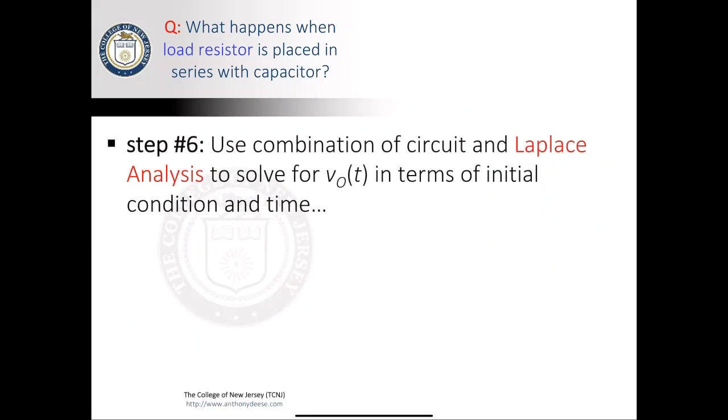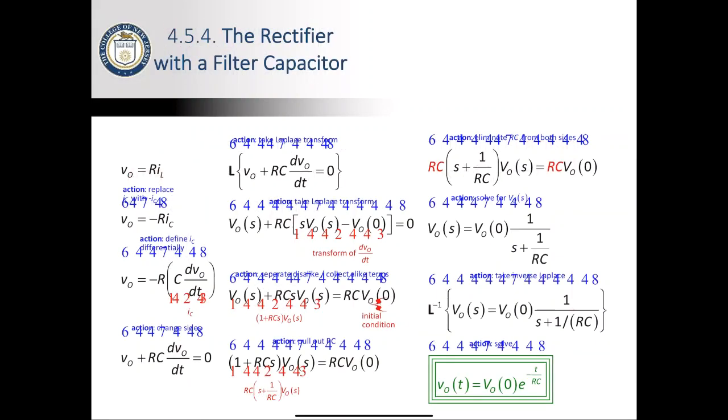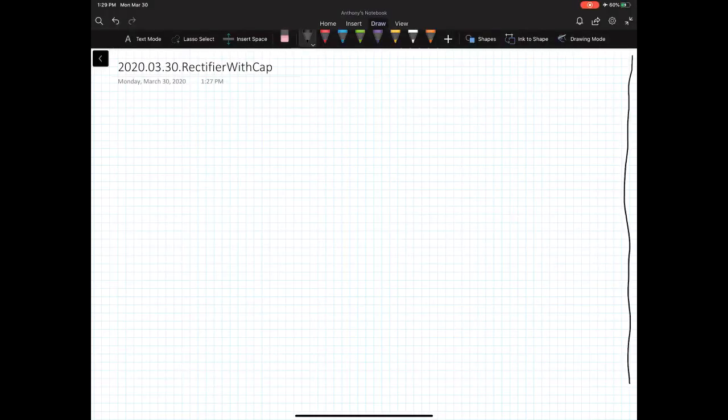Okay, now we're going to use a combination of circuit and Laplace analysis to solve for VO in terms of the initial condition in time. And how are we going to do that? Using this right here. All right, so now you can see I've switched over to OneNote. We are going to do the same Laplace analysis that was shown in that previous slide, but we're going to do it by hand.